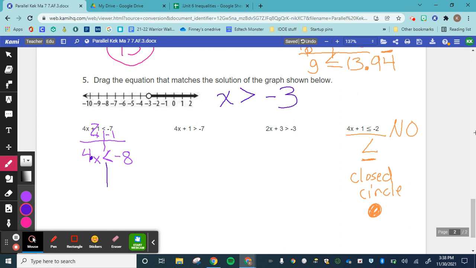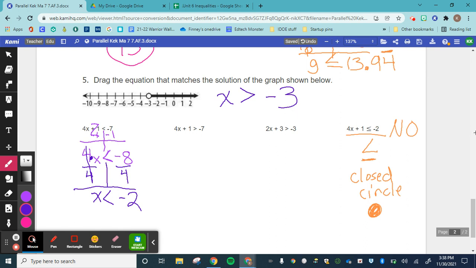That is 4 times x, so I will need to divide both sides by 4 to cancel it out. 4 divided by 4 is 1. So I'm left with x. -8 divided by 4 is -2. And my inequality sign does not reverse because we divided by a positive number.